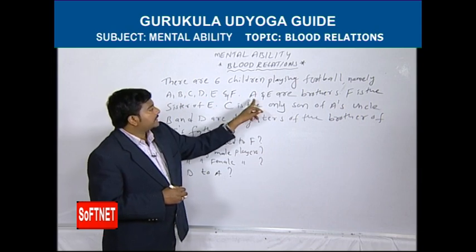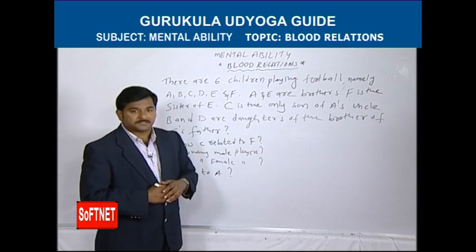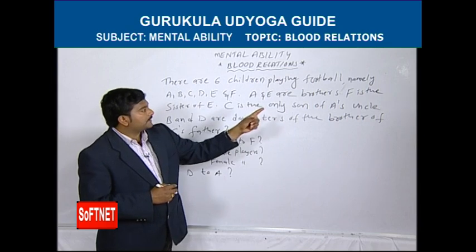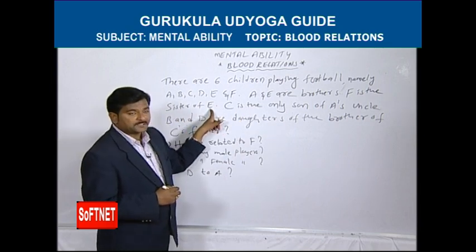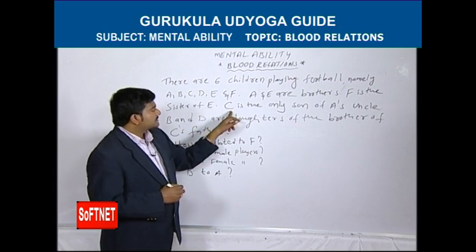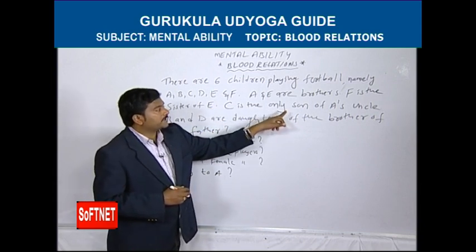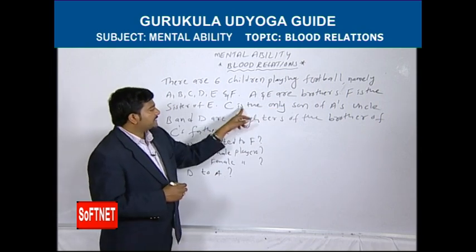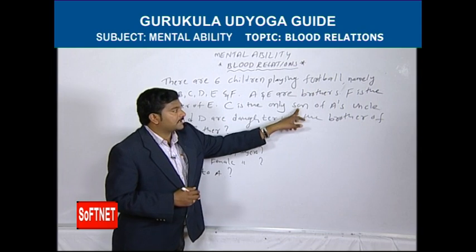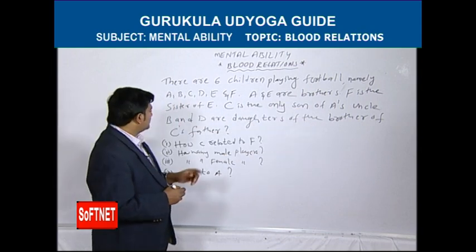A and E are brothers. F is the sister of E. C is the only son of A's uncle. I repeat, C is the only son of A's uncle.